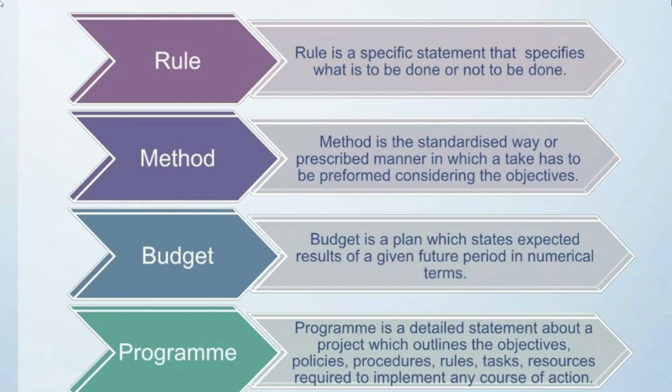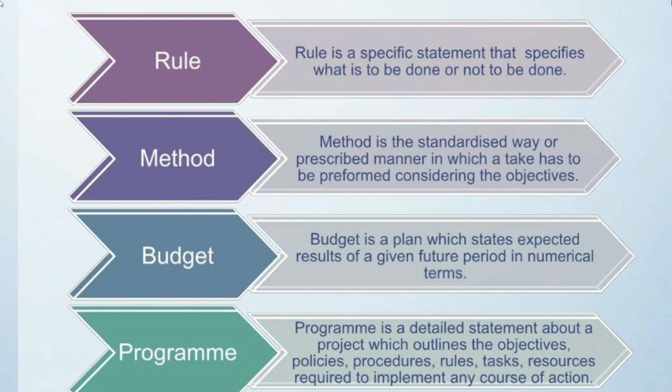Now let us talk about the next plan, and this is called budget. So in brief, we say budget is a plan which states expected results of a given future period in numerical terms. Now let us elaborate. Budget is the statement of expected results expressed in numerical terms.